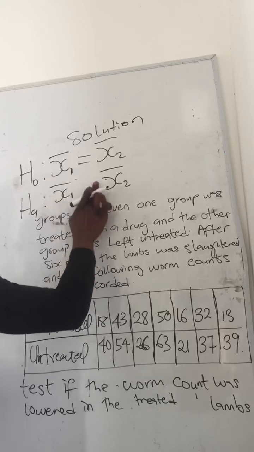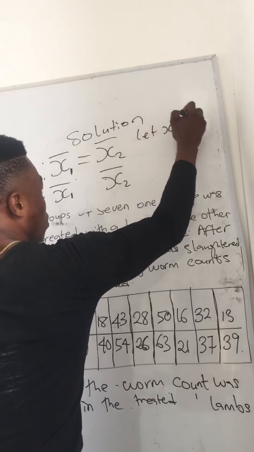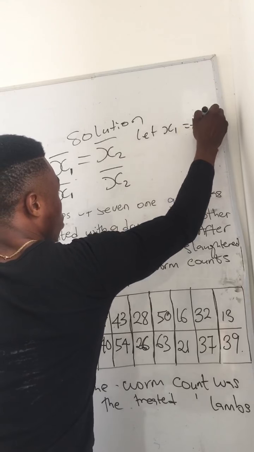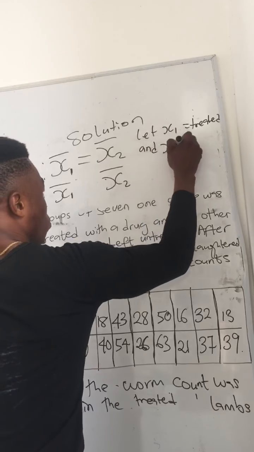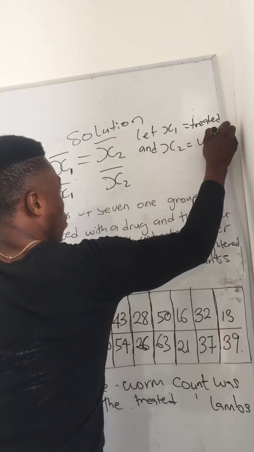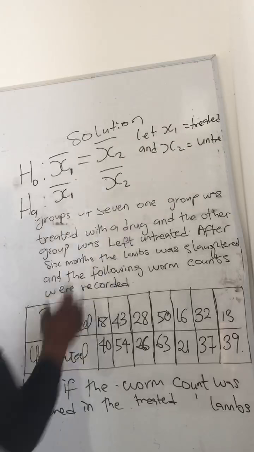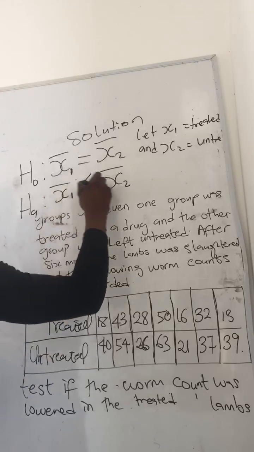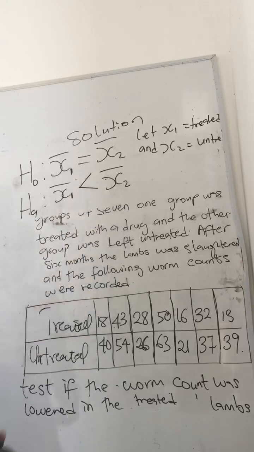Let S1 equal treated and S2 equal untreated. So we are saying the alternate hypothesis is that S2, which is the untreated, is higher than S1, in line with our claim.